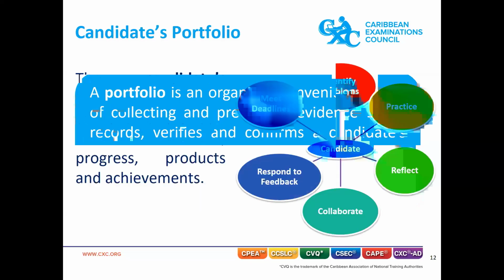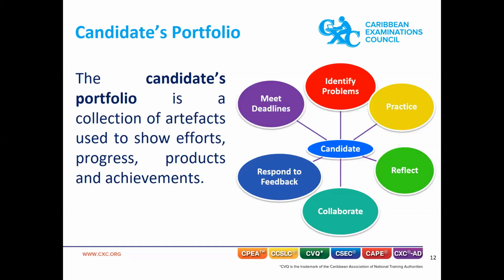So what really should be in this portfolio, and what do we want? Because you've heard what it should do, you're going to know that it is a collection of artifacts. And artifacts just mean evidence used to show effort, your own progress, and the products and achievements after you have done the process.